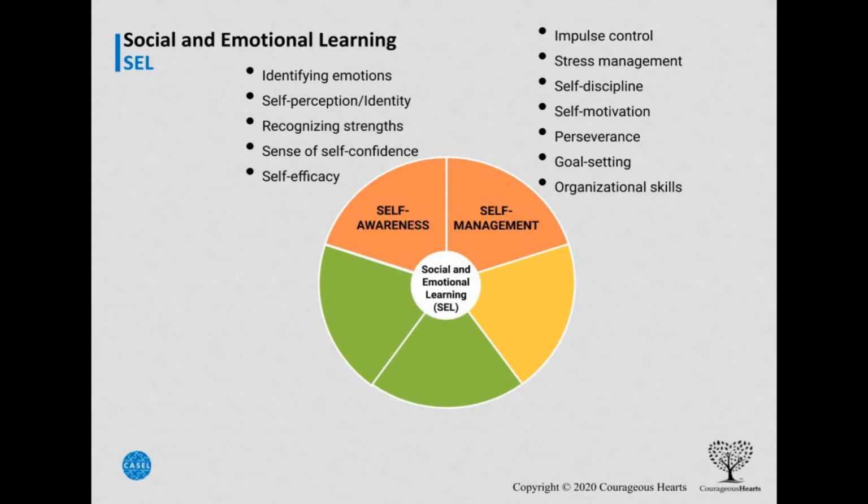So say there's a young person that's feeling really angry or frustrated, and those emotions turn into a behavior that has a negative impact on others. If that behavior is to shift for that student, they have to be aware of, oh, I'm feeling anger, or I'm feeling frustrated. So self-awareness really comes first.